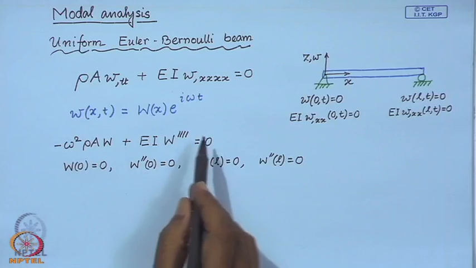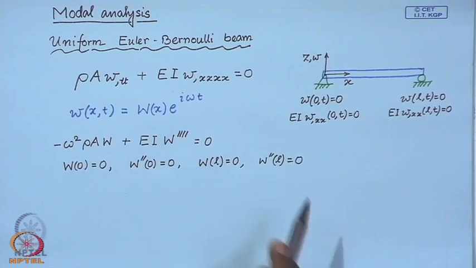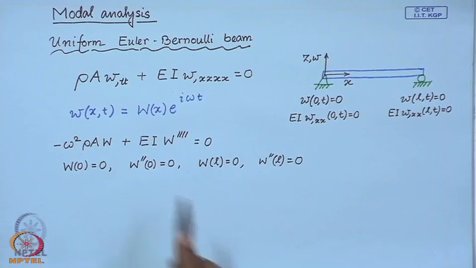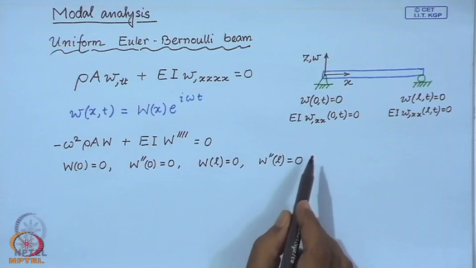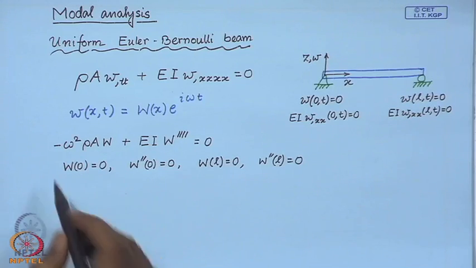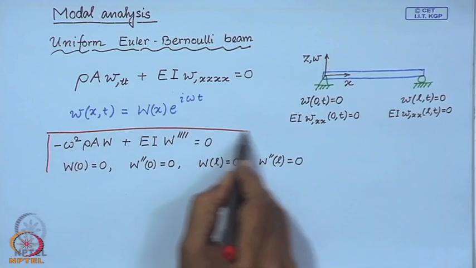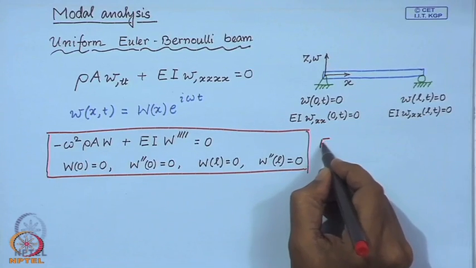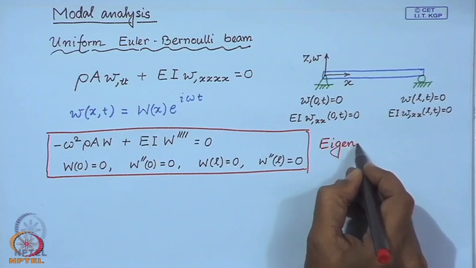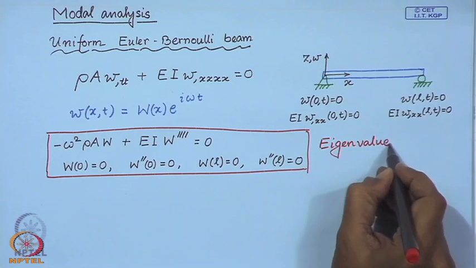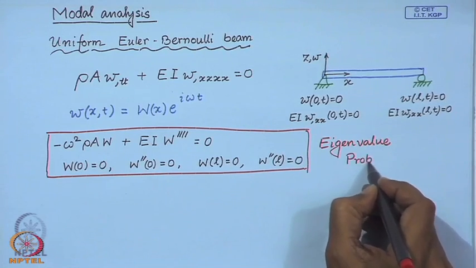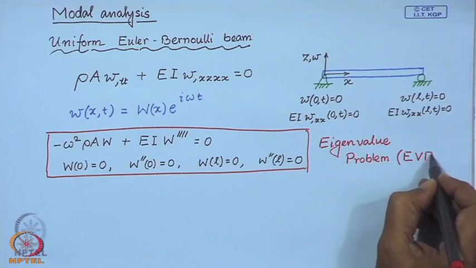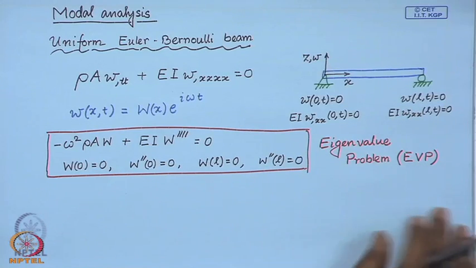So, we have an ordinary differential equation of fourth order in W, which is the space function, and we have these 4 boundary conditions, which defines what is known as the eigenvalue problem, abbreviated as EVP.